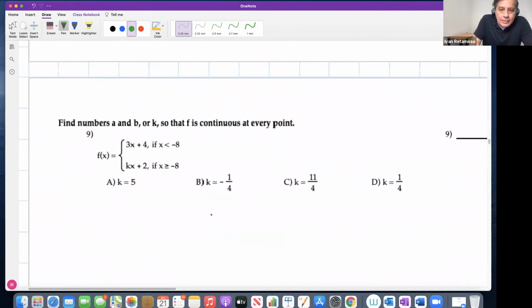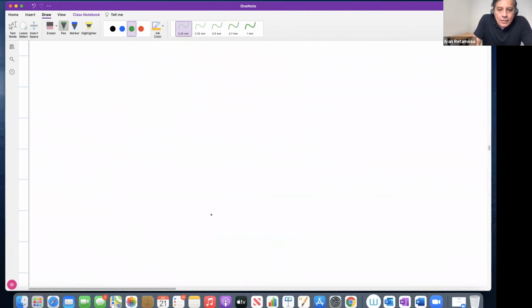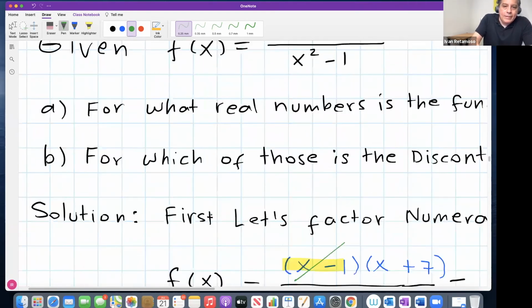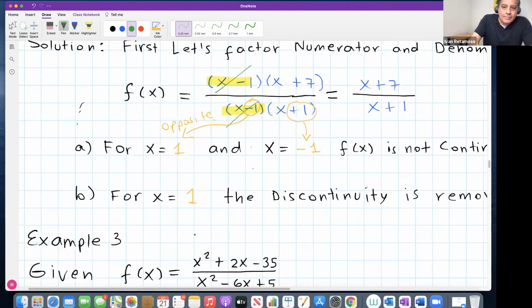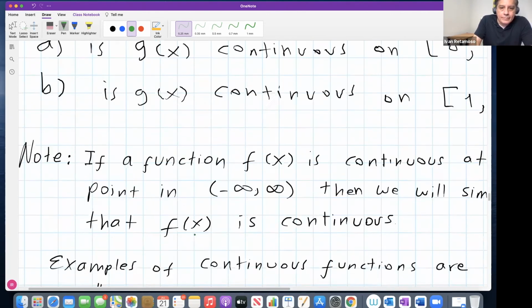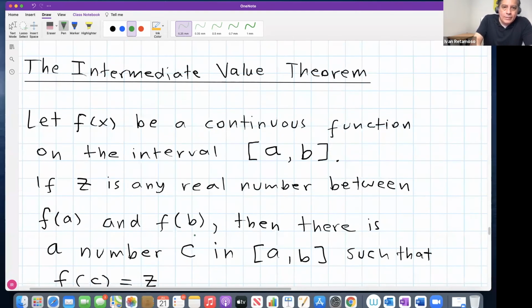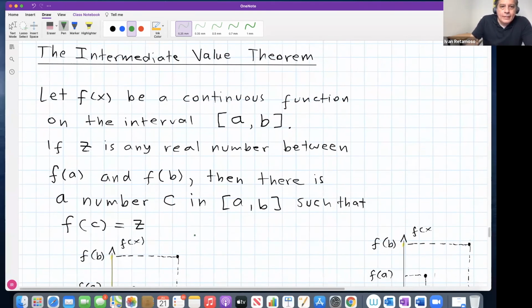Same idea, same technique. Let's talk about the last part then, the intermediate value theorem, okay? So what is the intermediate value theorem? It deals with the following.